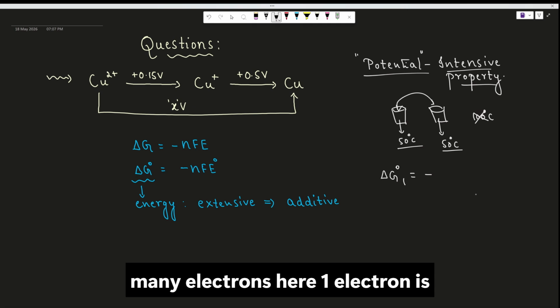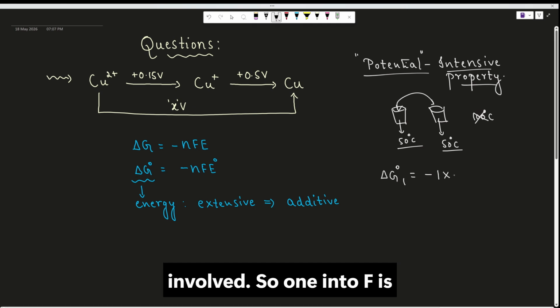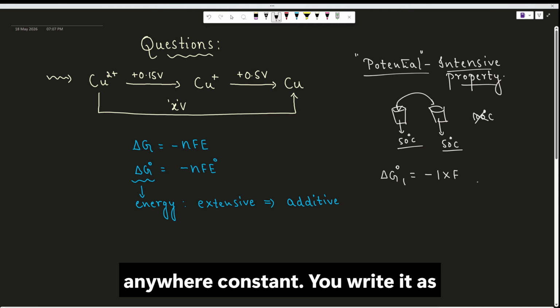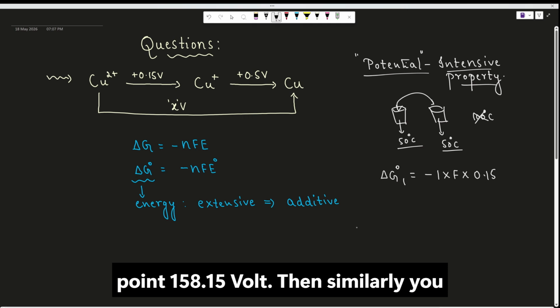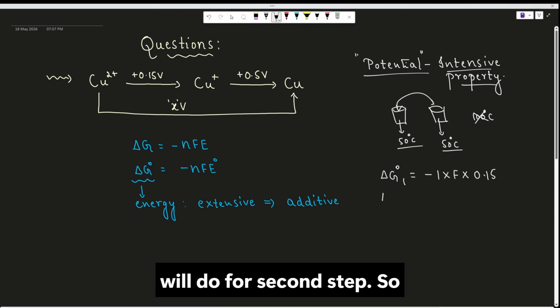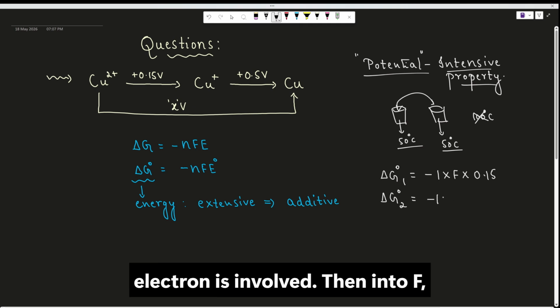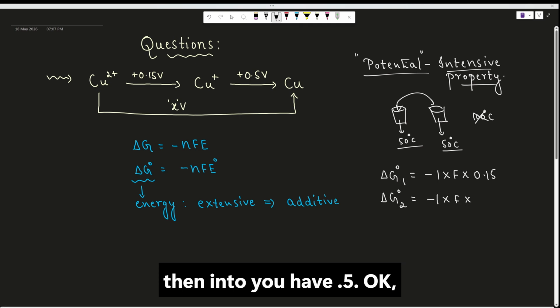Here one electron is involved. So 1 into F is anyway a constant, you write it as such, and into 0.15 volt. Then similarly you will do for the second step. In the second step you have Cu+ to Cu, that means again one electron is involved, then into F, then into 0.5.